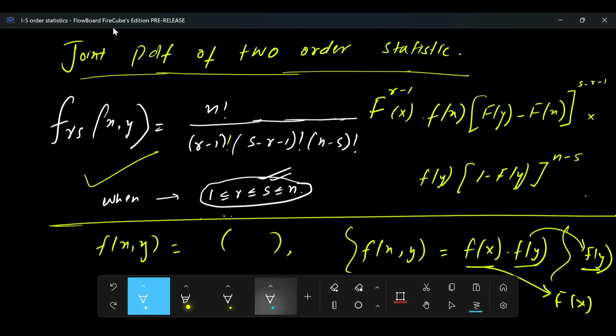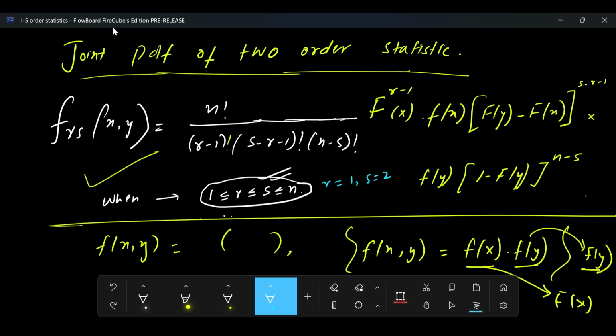So let's see, r is equal to 1, s is equal to 2. If we put this in, and we do not know n, the sample size, or how many random variables there are.